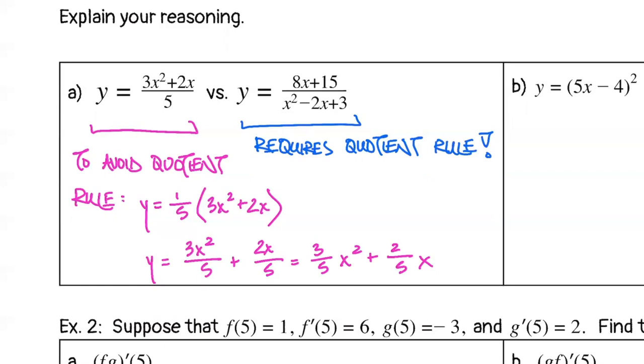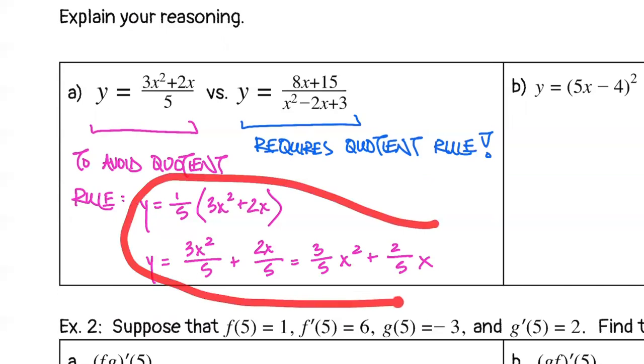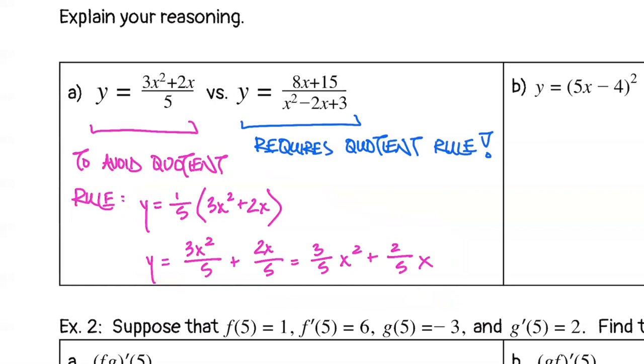Now, to be clear, have we taken any derivatives right here? No, we have not, right? All we've done is that rewrite stage or the simplification stage. That's it, okay? So to avoid the quotient rule, we can rewrite this in a way so that we only need to use power rule. We don't need to use the other rules, okay?